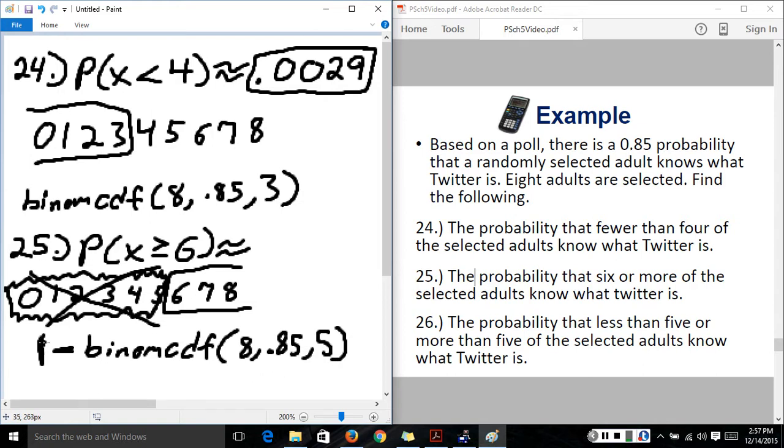So if I take 100% or 1 and subtract off the probabilities from 0 up to 5, I'll be left with the probabilities of 6, 7, and 8 combined. So I'm getting rid of what I don't want, that's 5 and down. I'm left with what I do want, that's 6 and up.